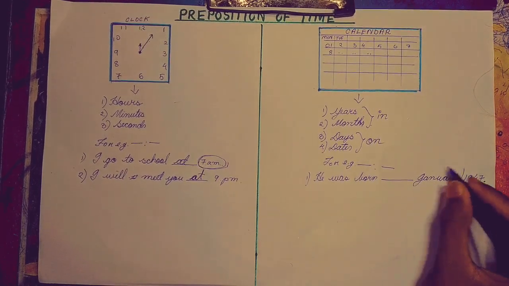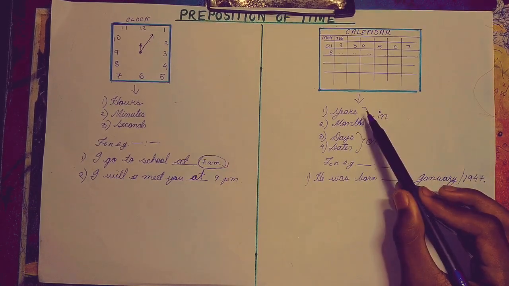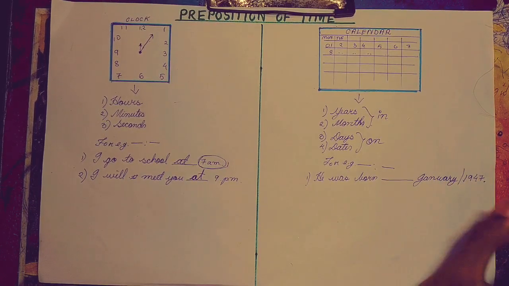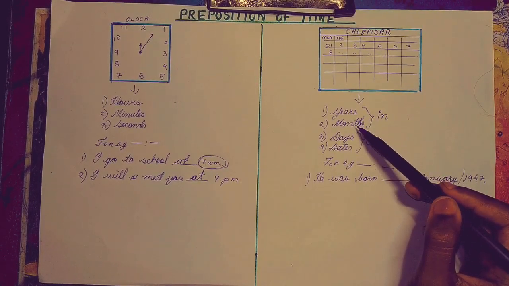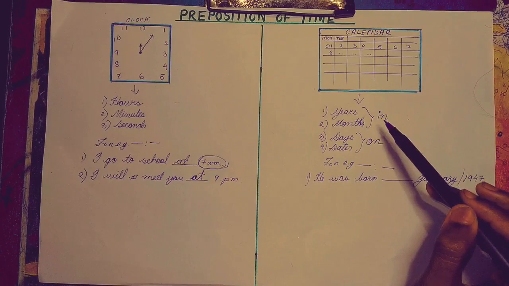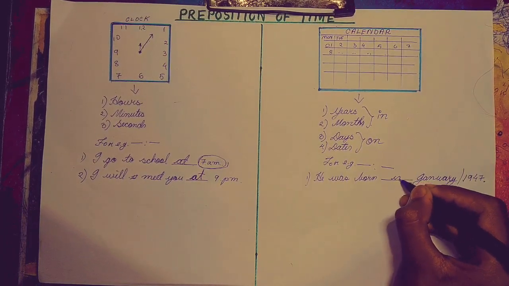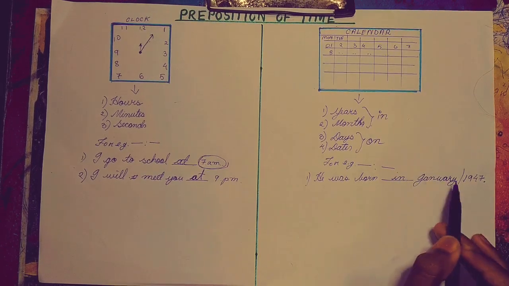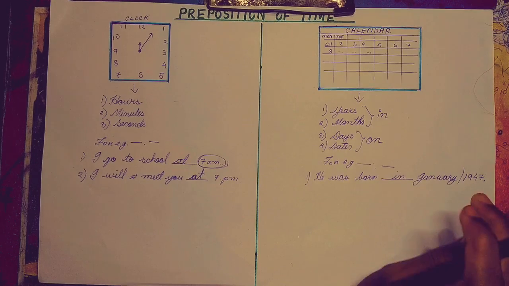You will notice that January is a month and 1947 is a year. So you have already learned that in the case of years and months, you will always use the preposition in. So don't waste your time, just put the preposition in. So he was born in January or he was born in 1947.